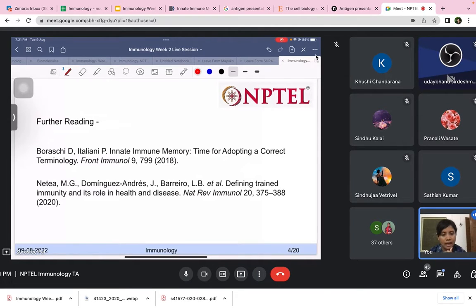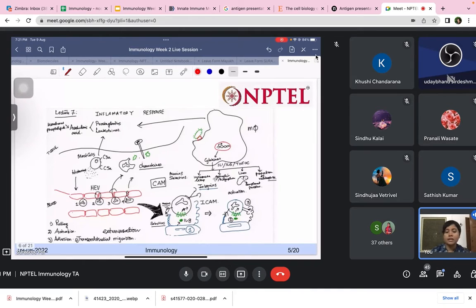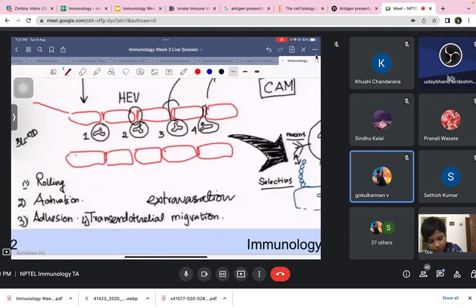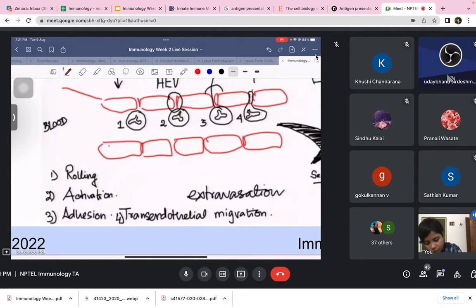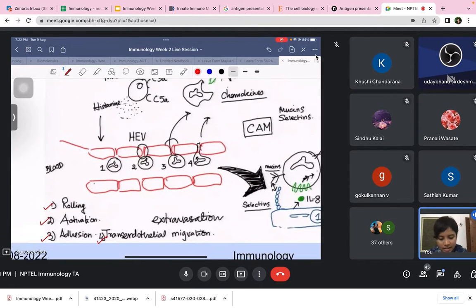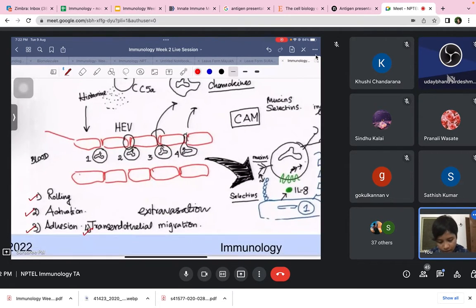And somebody was asking me what is extravasation. So let's look at it. There are a few steps which occur in extravasation. Number one, you can see here, is rolling, number two activation, number three adhesion, and number four transendothelial migration. So what is this? Let's look at it.